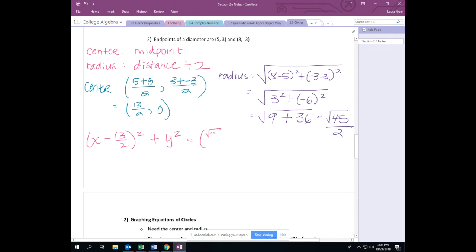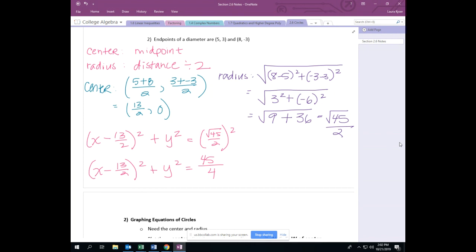Equals root 45 over 2 squared. Now remember, we're not going to do anything with these 2 pieces here. They're going to stay. X minus 13 halves squared plus y squared. On the other side, we are going to square each piece. The square root of 45 squared is just 45, and 2 squared is 4. And there's your final answer.